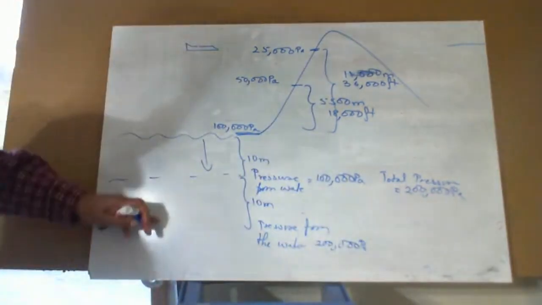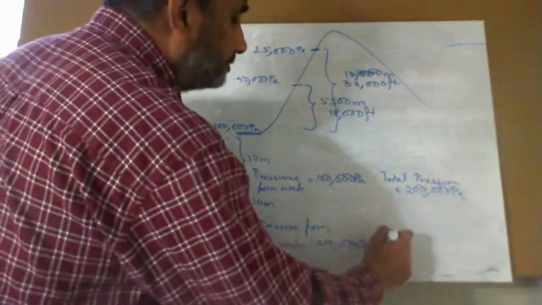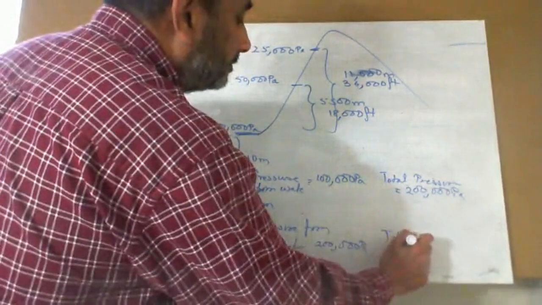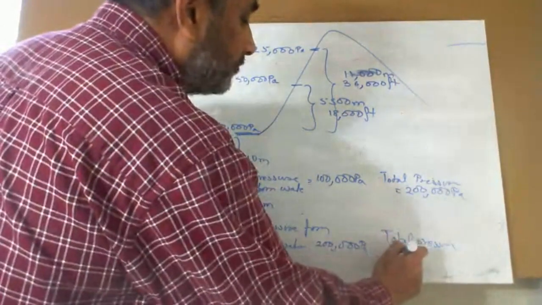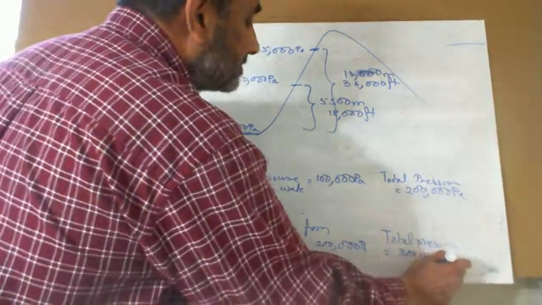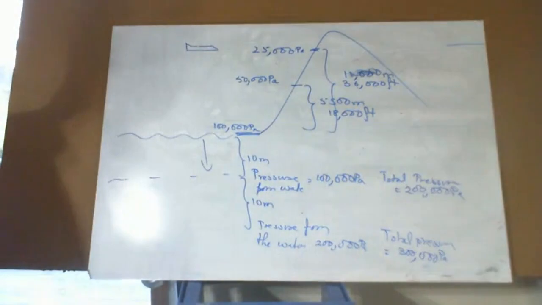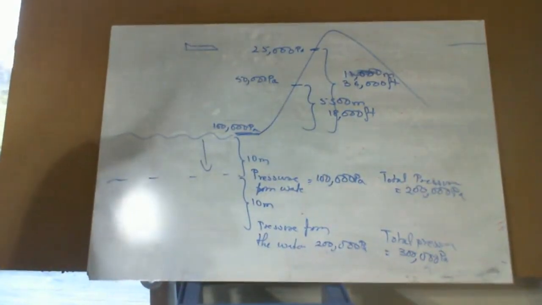And what is the total pressure from the atmosphere plus the water? Would be 300,000 pascals. Okay. The pressure due to water alone, sometimes we call it gauge pressure, right?